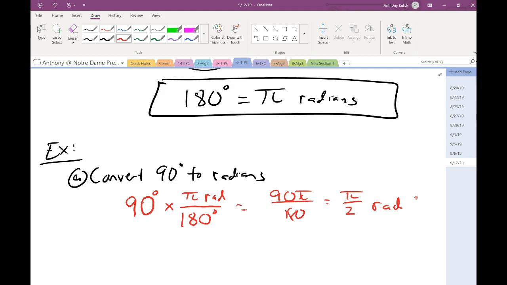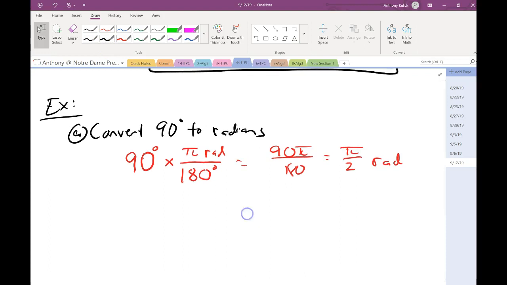What would I have to do if I wrote this as a decimal? I have to round it, right? Because pi is, that decimal never ends. So if I was to calculate pi over 2, I'd have to round it and give an approximation rather than the exact answer. But it's not incorrect to write pi over 2 as a decimal. We just typically wouldn't do that.